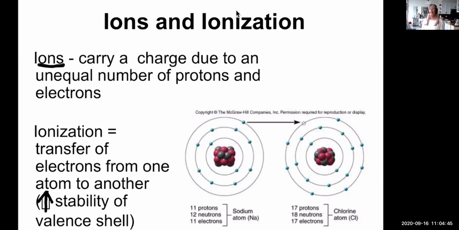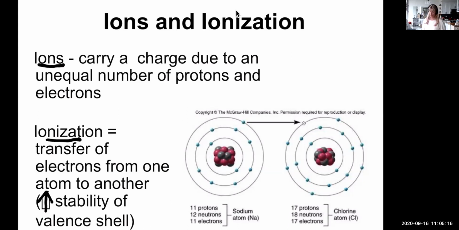In a stable state, an atom will have an equal number of protons and electrons. They cancel each other out in charge. Electrons are negatively charged, protons are positively charged. So ionization is the transfer of electrons from one atom to another, and it increases the stability of the valence shell, in that the most stable valence shell has 8 electrons.